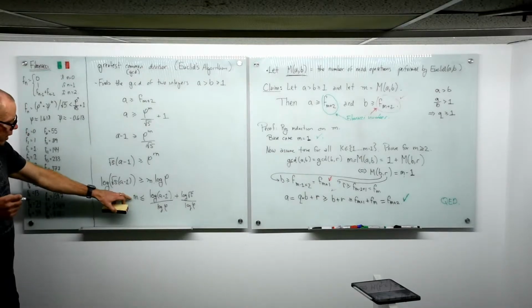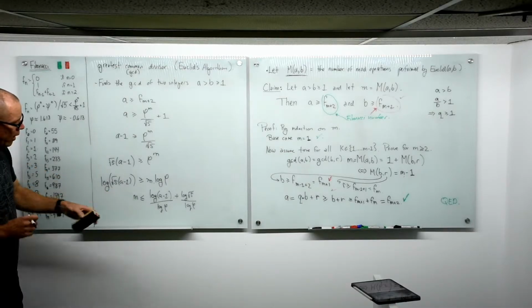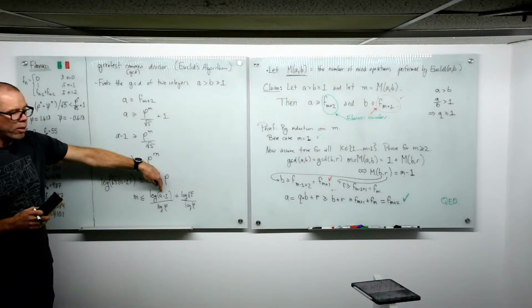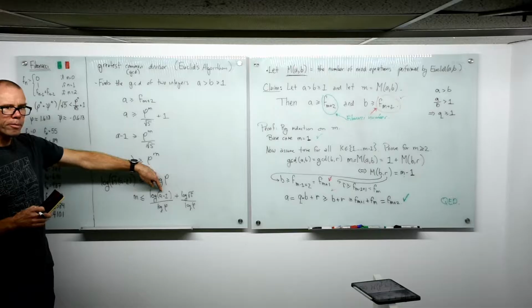So this thing here is the number of mod operations performed by the algorithm. It's at most log base rho of a minus 1.